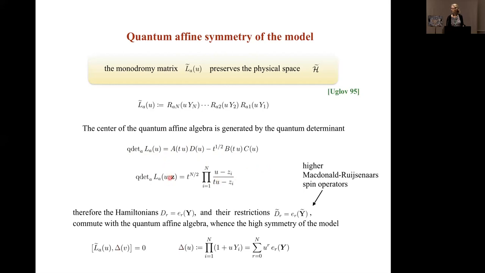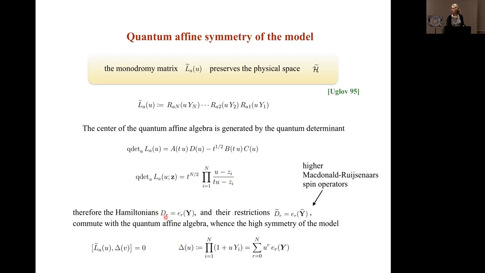Here, I consider the case of the usual inhomogeneous model, but if instead of Z you put Y, you'll get an object composed from symmetric polynomials in Y's.